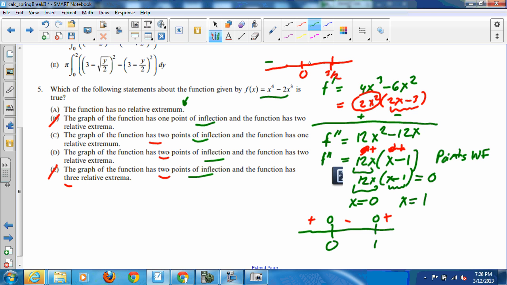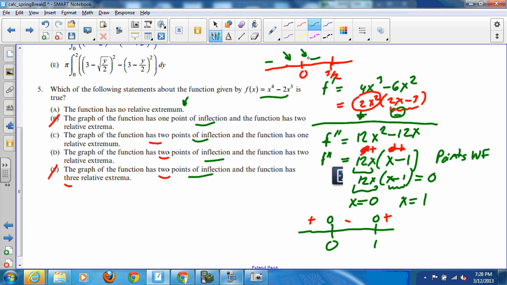Okay, so pick a nice easy number between 0 and 1.5. Like 1 would be a great candidate. Plug in a 1 here, you get positive. You plug in a 1 here, you get 2. 2 times 1 is 2, minus 3 is negative. So here we have a decreasing function, another decreasing function here, so we don't have to worry about that.